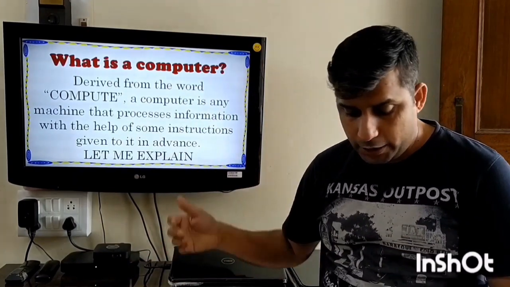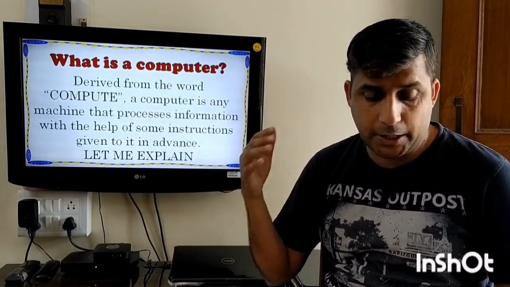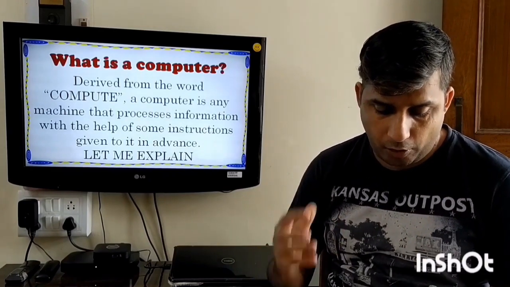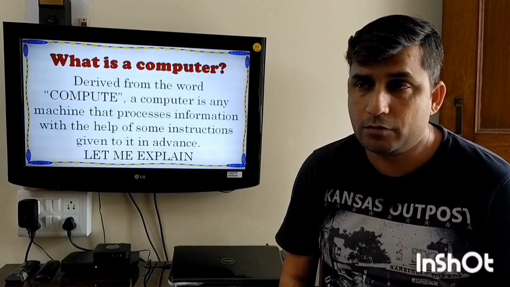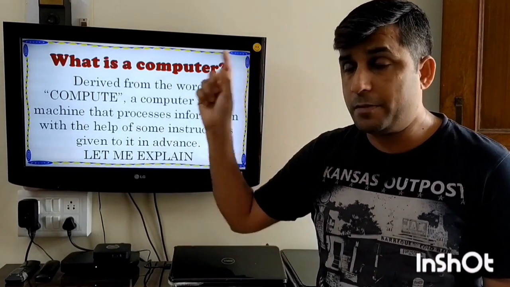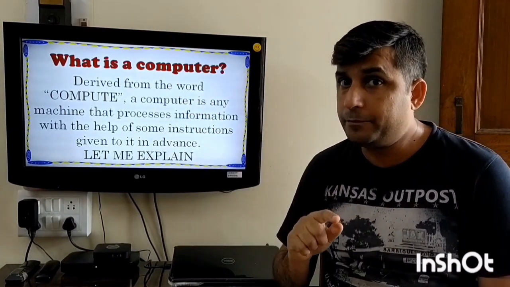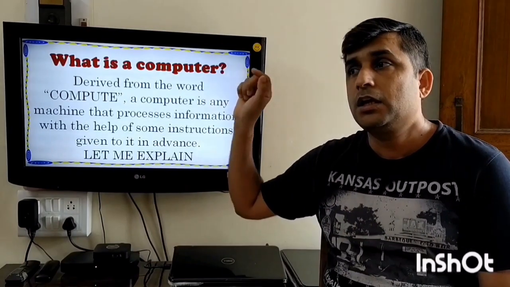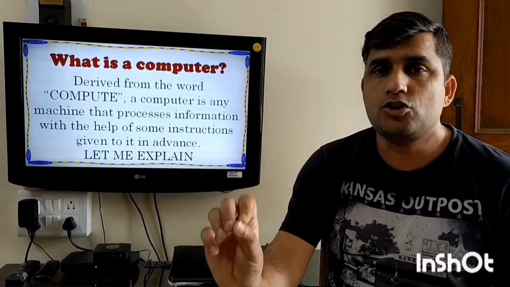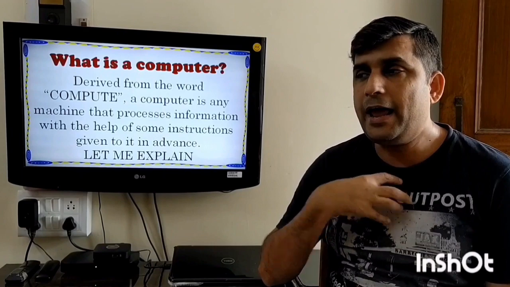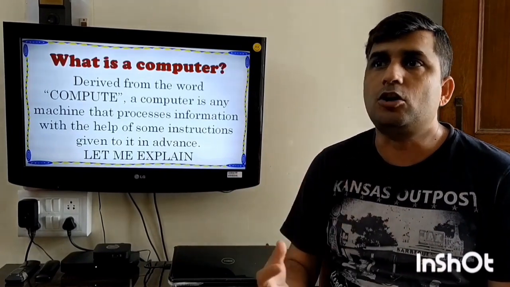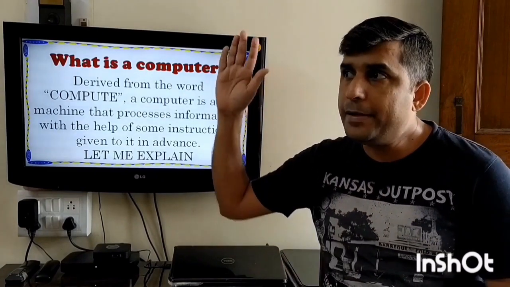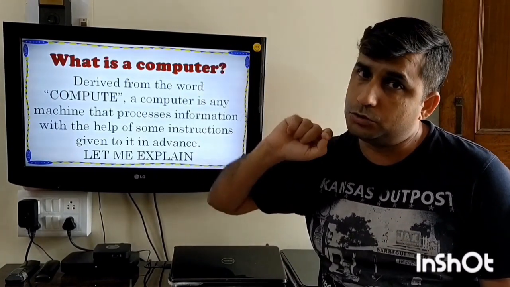A computer is any machine that can process information with the help of some instructions given to it in advance. Now, remember when we talk about programming, it is basically giving instructions to the computer. When I have programmed a computer, later on when we give it instructions, it compares them to the program it already knows.